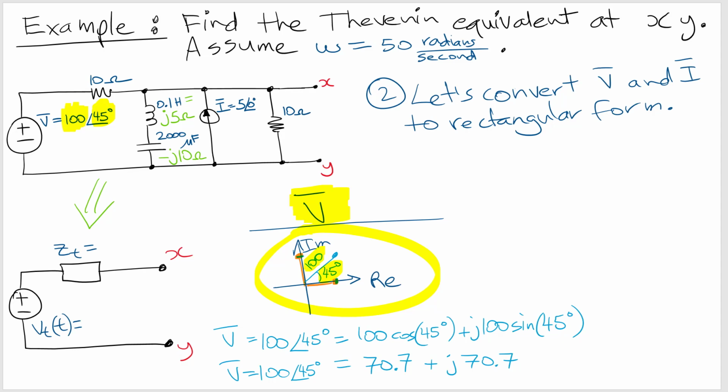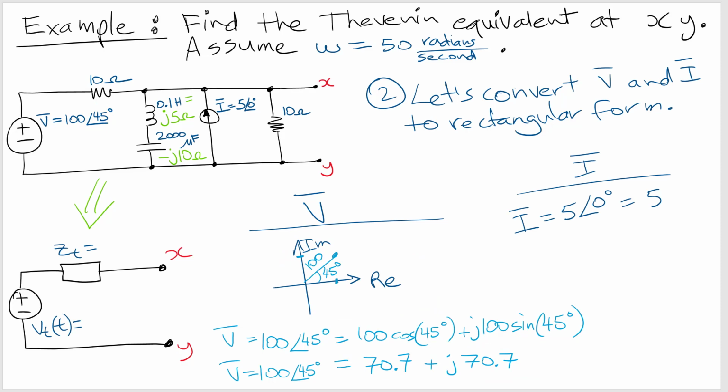So we say that the voltage phasor is equal to 100 cos 45 degrees plus J100 sine 45 degrees. Just simple trig. And that works out to 70.7 plus J 70.7. So that's the rectangular form for the voltage phasor.